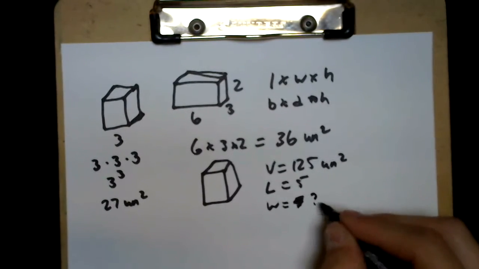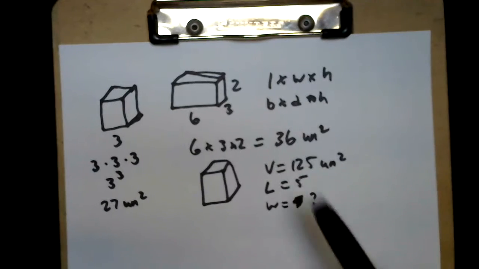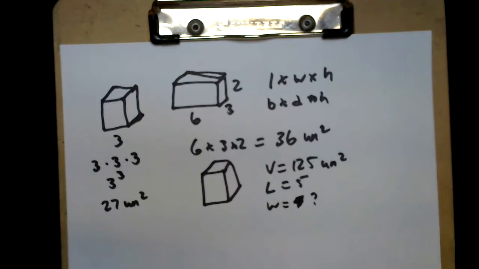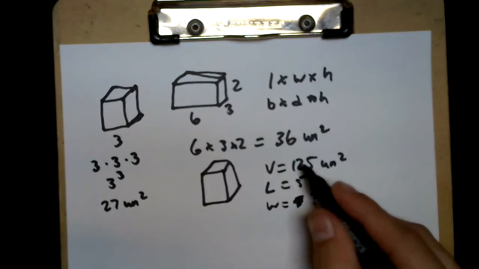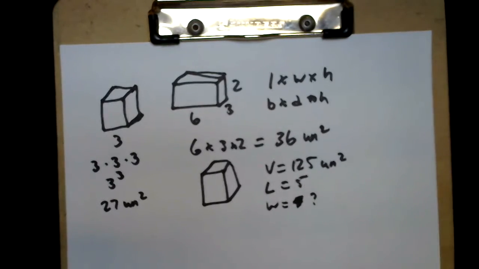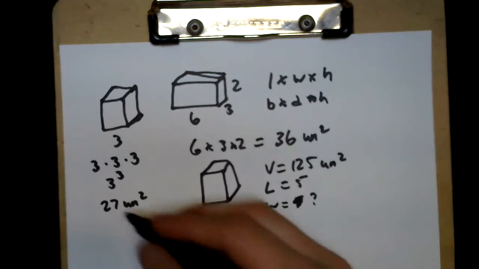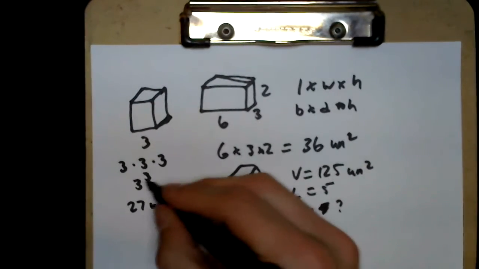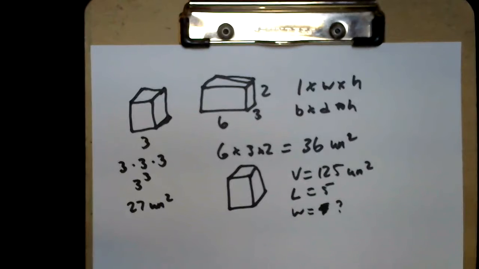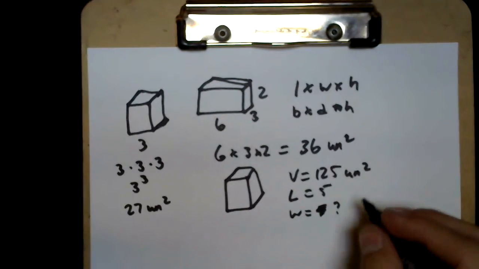You know all these are equal. So technically, like this one, it's something cubed. So 5 cubed is 125, so in this case it'd be 5.